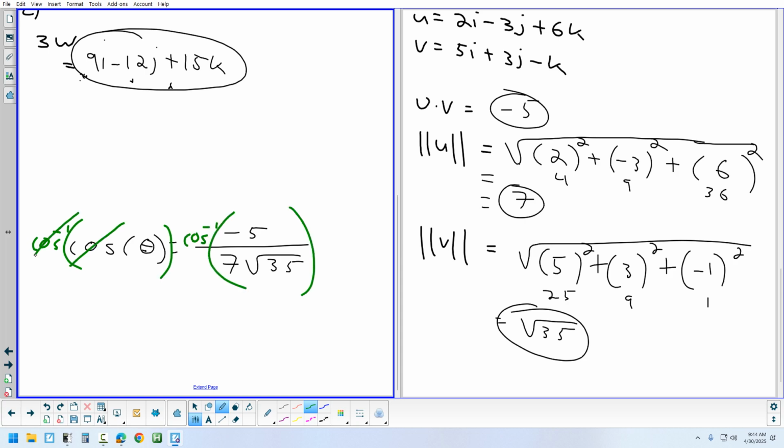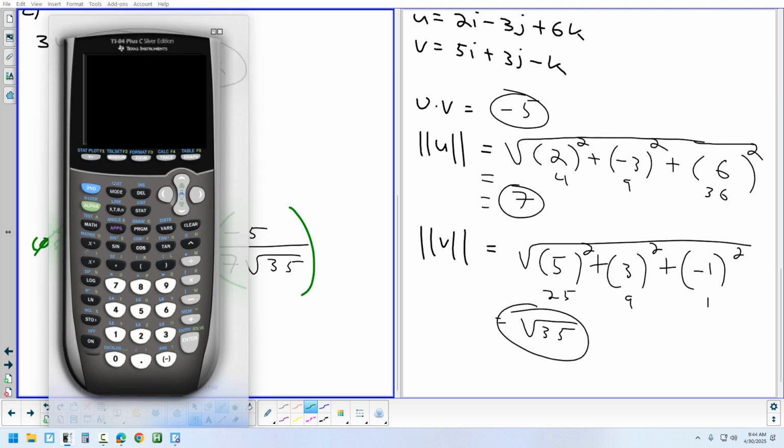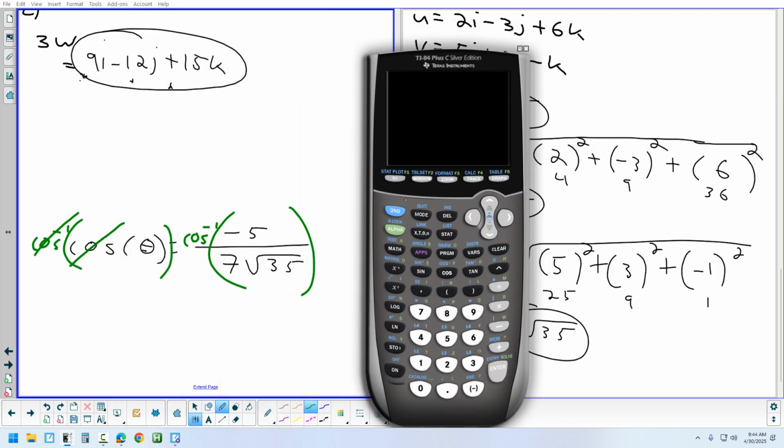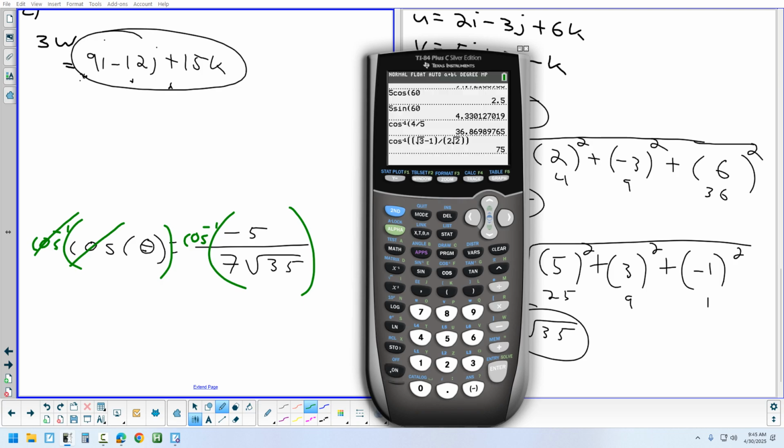So that cancels. And now we're going to type that in, but because the denominator has a product, which it always has, we need to make sure we put that in parentheses. Let me show you what happens if you don't. You'll get something that is not right. 7 squared divided by 7.